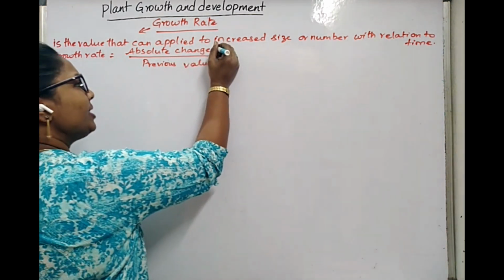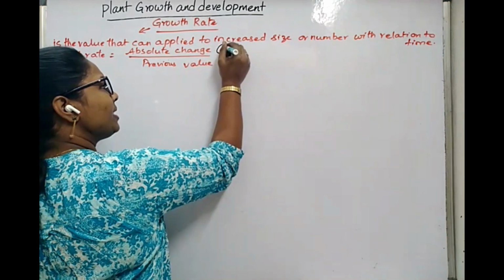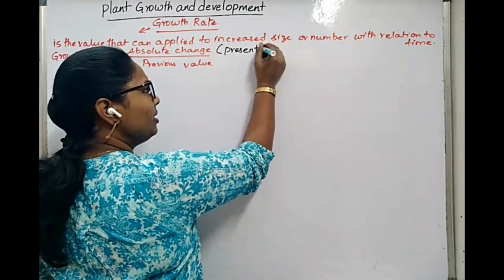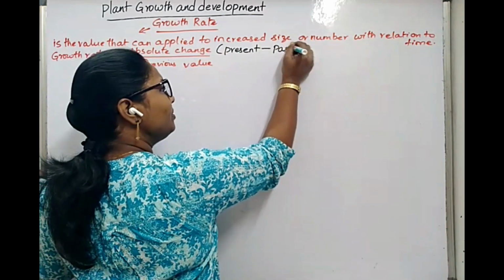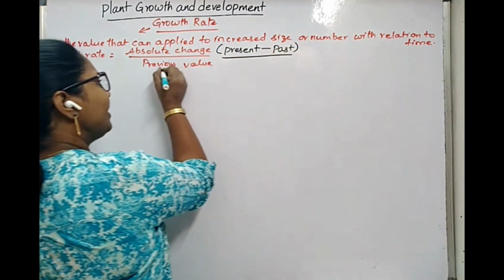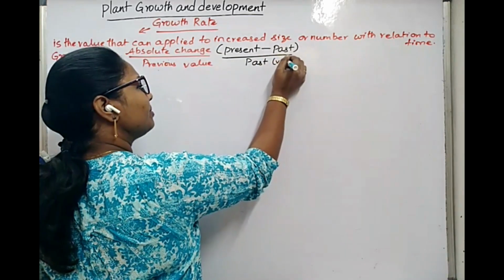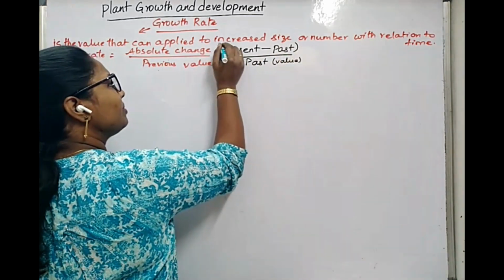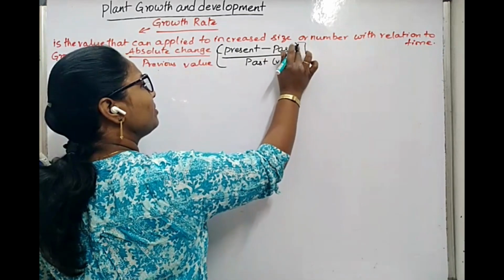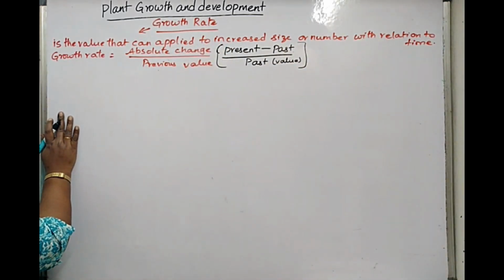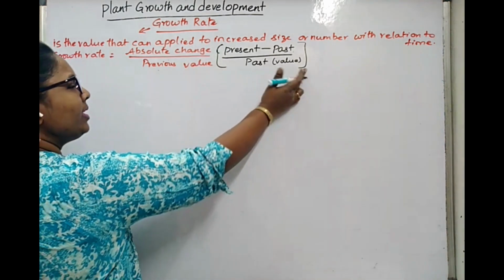This absolute change can be expressed as present count or value minus past value, divided by previous value, or past value. If you want to find the percentage of change of growth rate, just multiply this by 100.